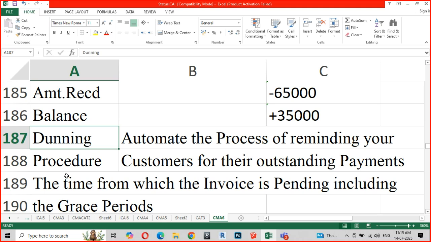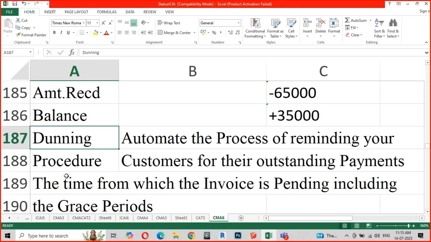So through the dunning process, we are reminding the customers that they owe us this amount. The whole process is automated and configured in the system by the finance consultant only.